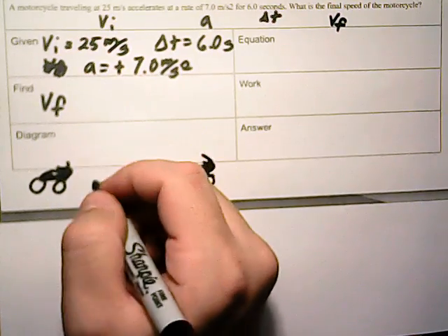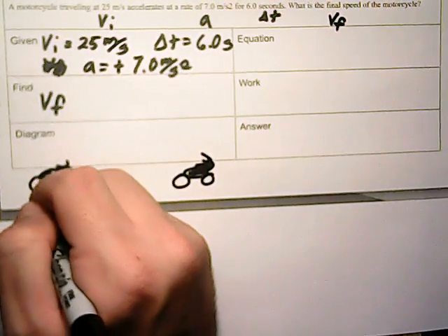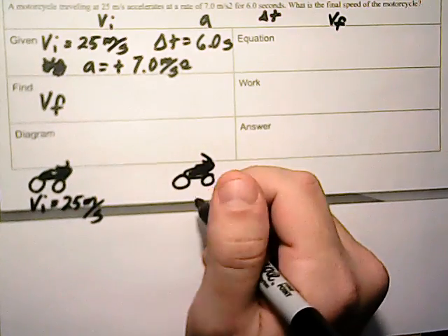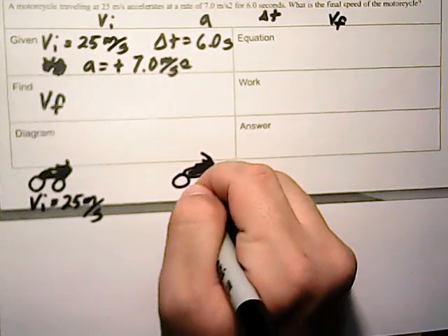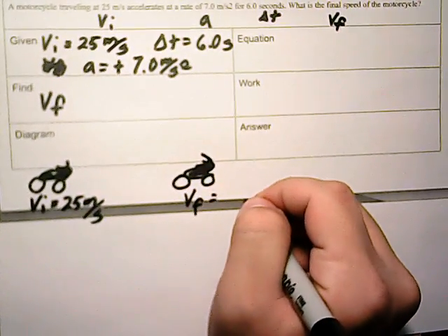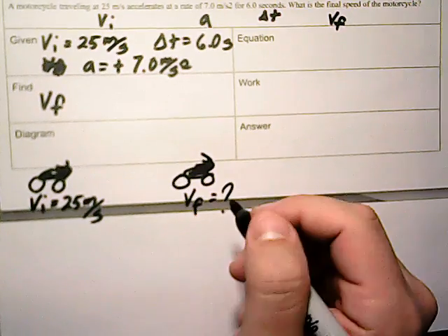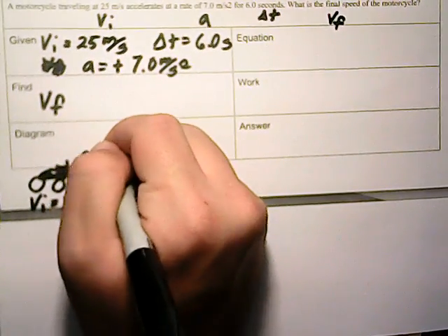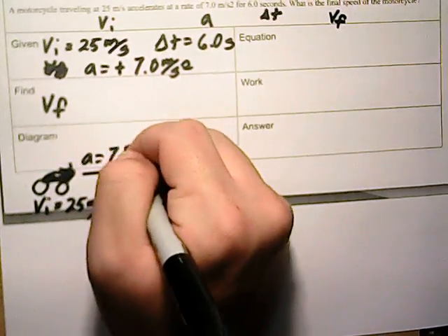All right, our diagram. Our initial velocity is going to be the starting velocity. Our final velocity is unknown. We know that it's accelerating at 7 meters per second squared.